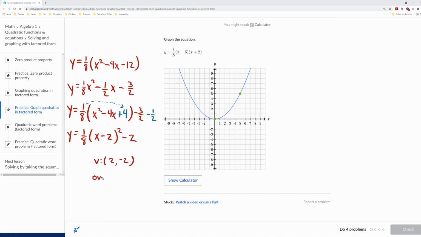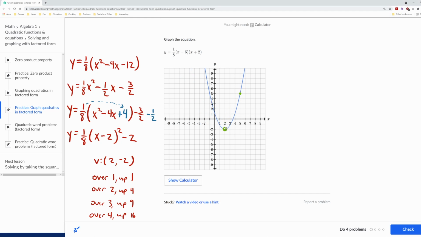And the trick from that prior video, I'll write yet again: the parent function parabola, the really basic parabola, y equals x squared, if you count from the vertex, goes over 1 up 1, over 2 up 4, over 3 up 9. I'm actually going to do one more. You'll see why in a moment. Over 4 up 16.